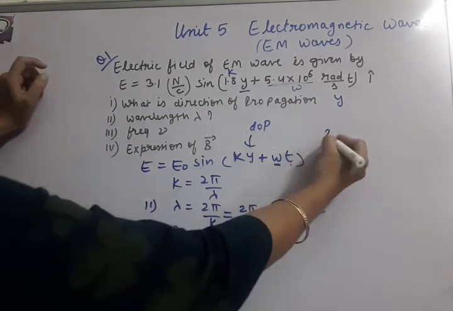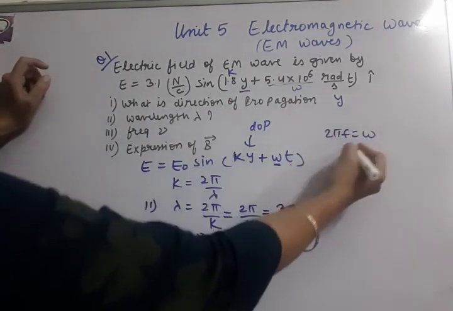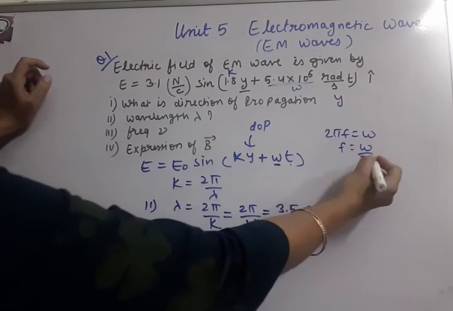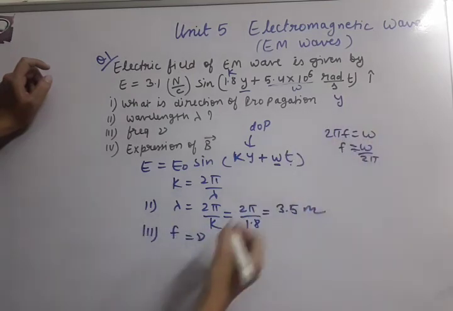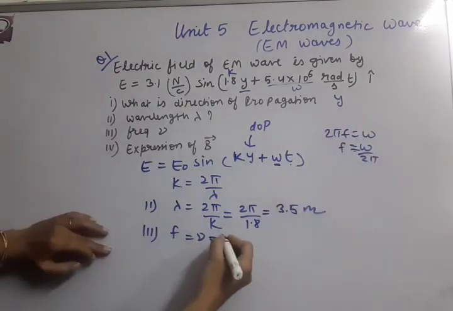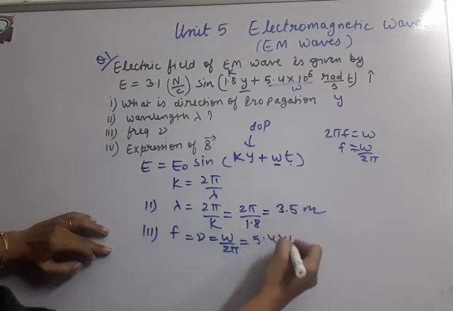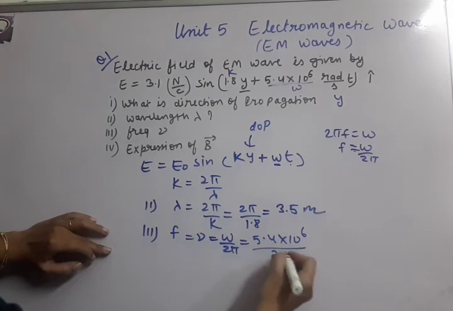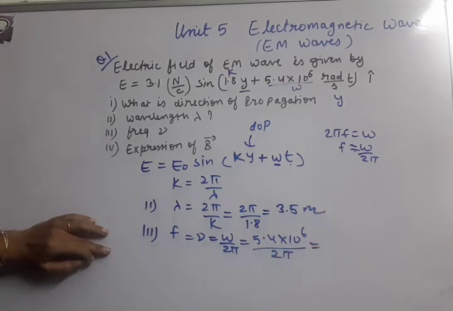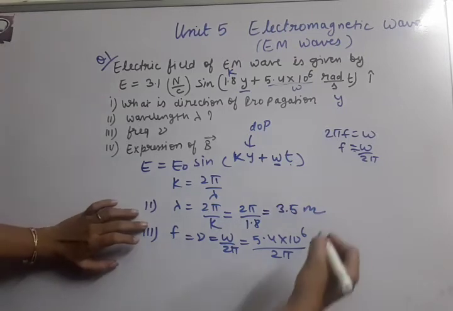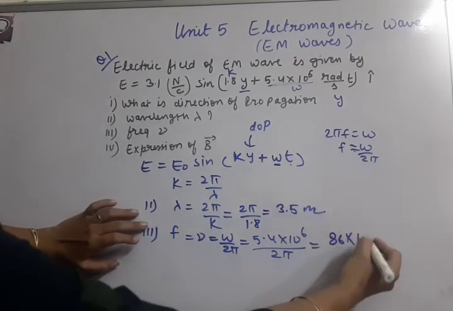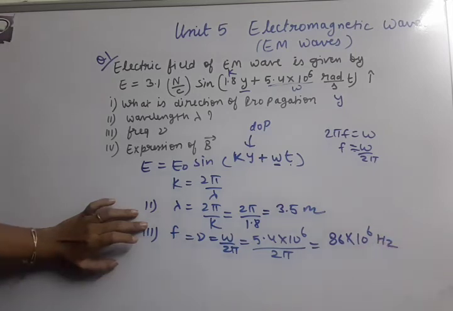So 2 pi f equal to omega, so f equal to omega upon 2 pi. Put omega value 5.4 into 10 raised to power 6 upon 2 pi. This will give us the answer of frequency around 86 into 10 raised to power 6 hertz.